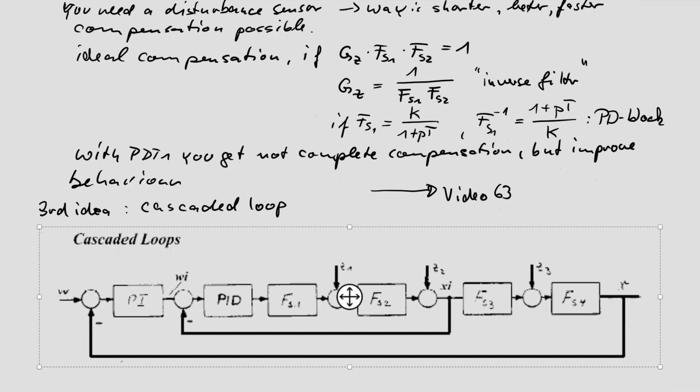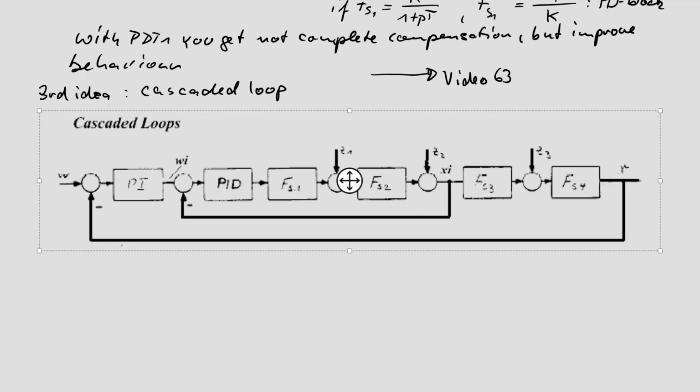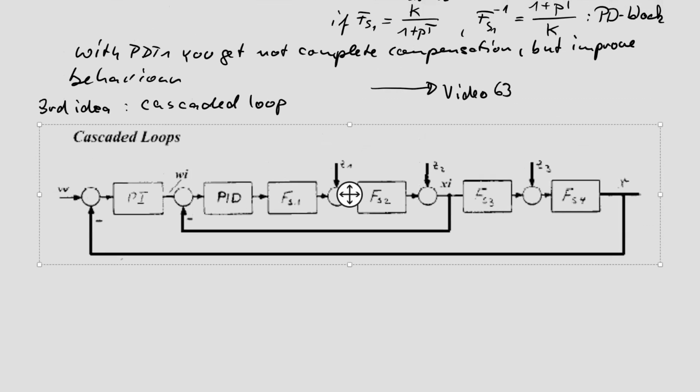But now the dynamical situation is changed because we have added in the original loop a new second controller and an internal feedback. So you have to redesign your controller, and much more. In the cascaded loop you have to design two controllers, and that is not the only additional step. We will see in a few minutes that the design of a cascaded loop system is much more time consuming, but the effect is rather good.